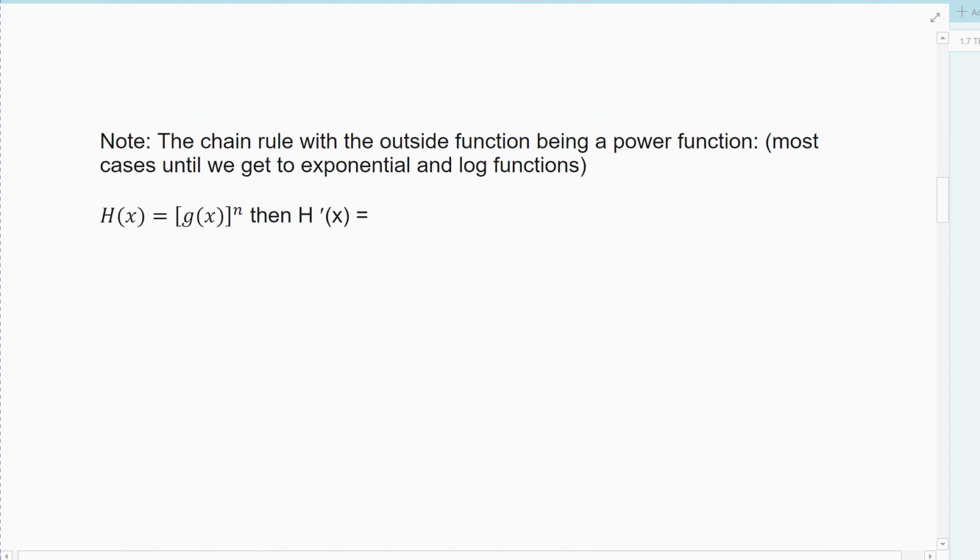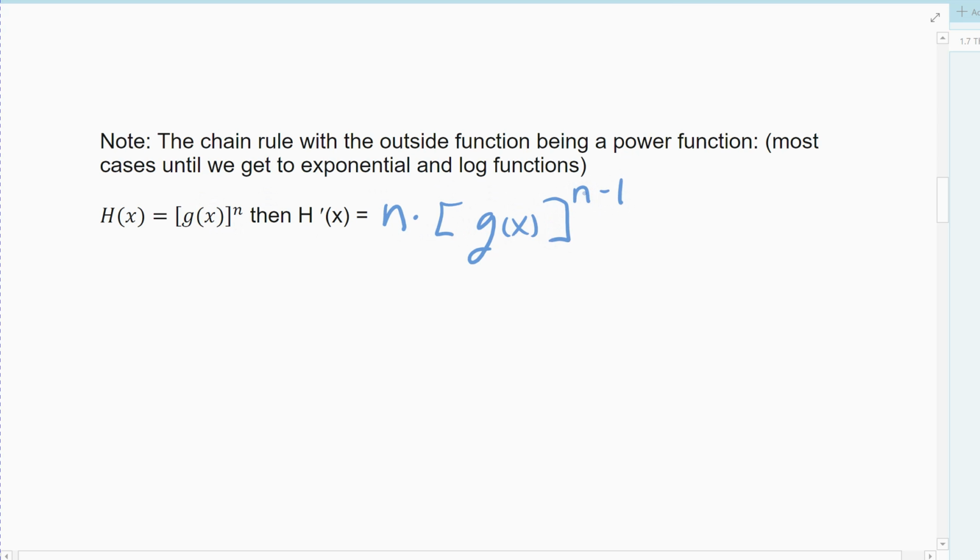So the chain rule on a power function is, the outside is the power n, the inside is g of x. The chain rule is I pull the power n out, times the group g of x, left alone. It's the same g of x that was in my original expression, but now that group is raised to 1 degree less. So if that was the half power, it's now raised to the negative half power.